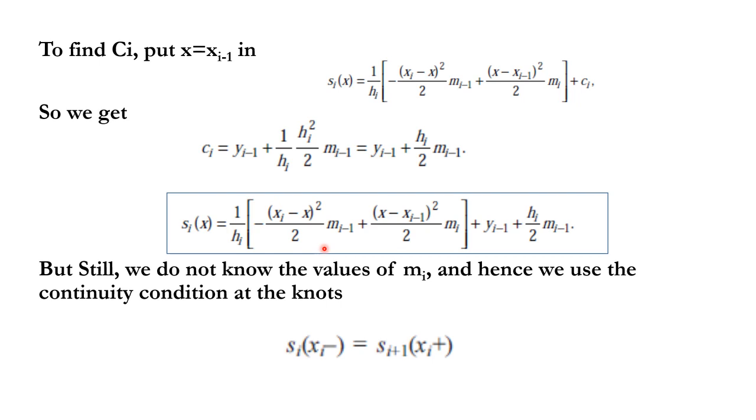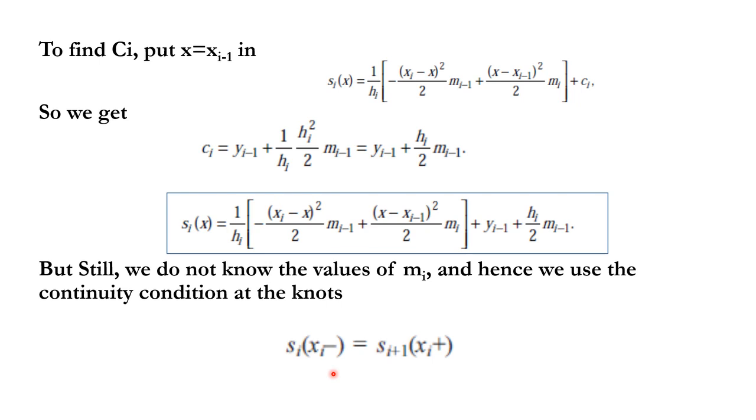But still we don't know the values of mi. We know that mi equals Si prime of x, but we don't know the values of mi. So to find mi, we use the continuity condition at the nodes, meaning at the boundaries. That is, Si of xi equals Si plus 1 of xi.